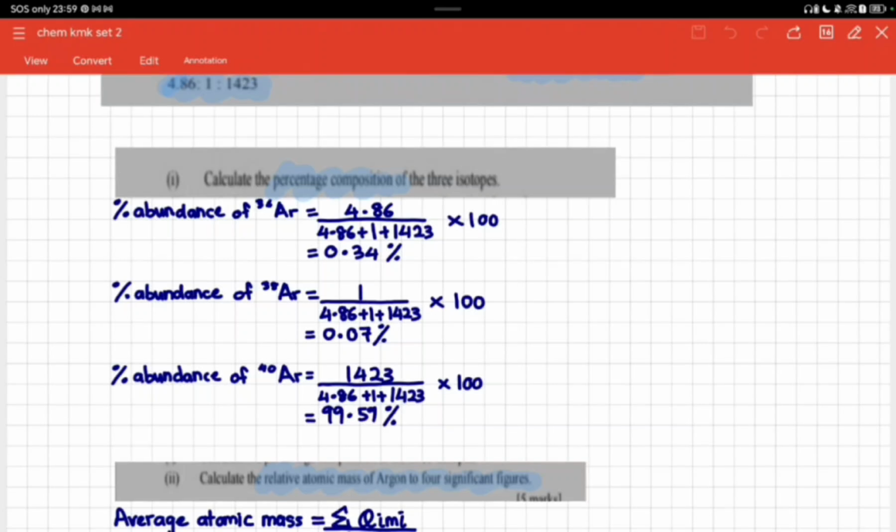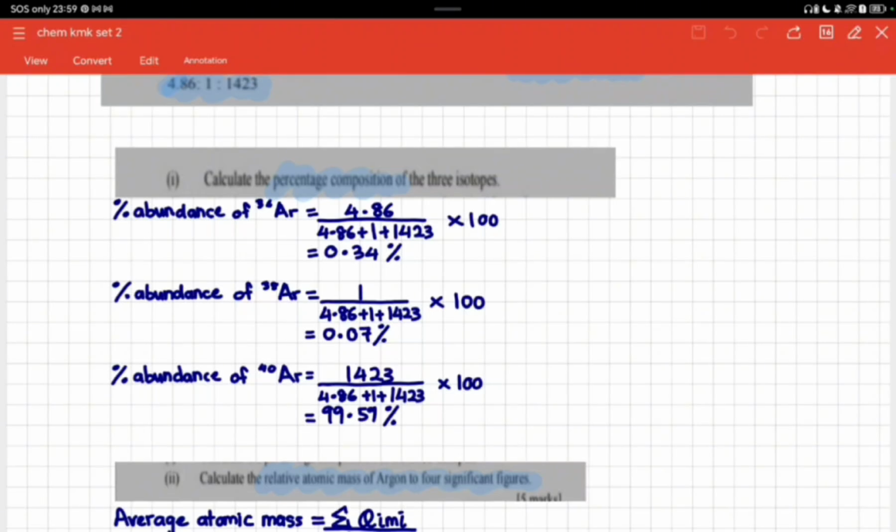The question has already given us the ratio, which is the relative abundance for each of the argons. So the first is argon-36. The relative abundance for argon-36 is 4.86. So we need to apply the formula of percentage abundance.